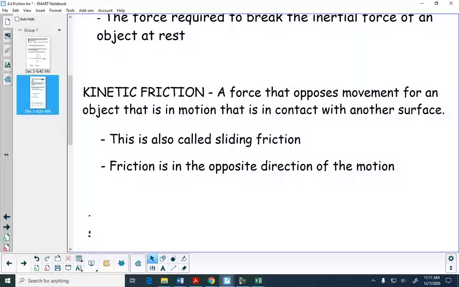Friction is in the opposite direction of motion.